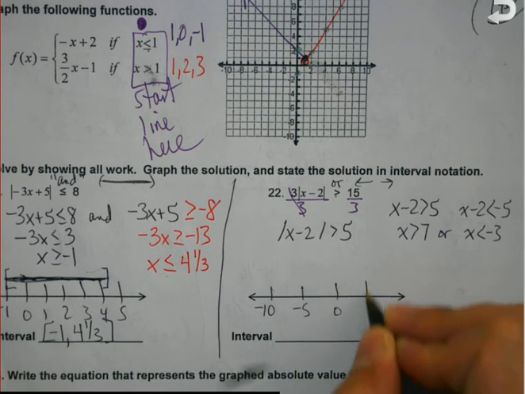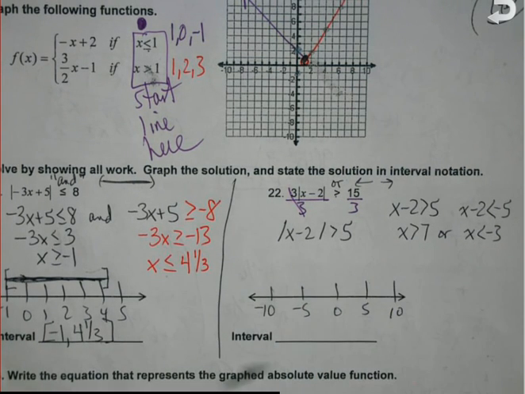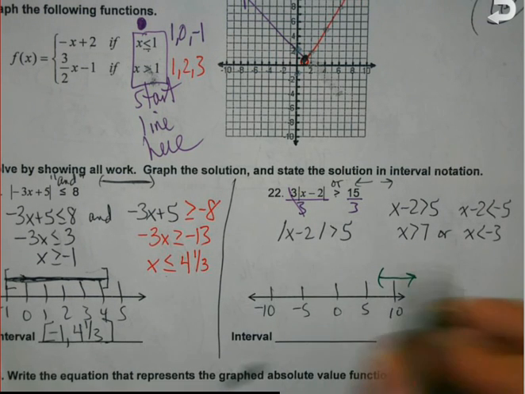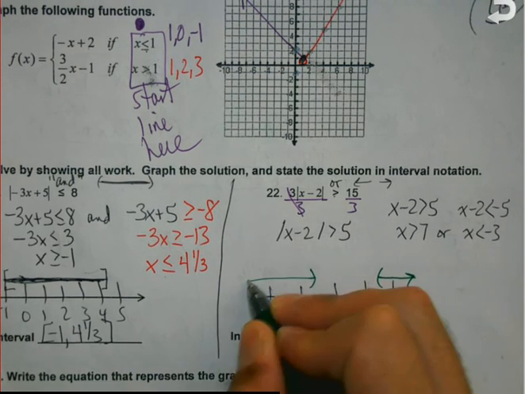Again, you can do your number line how you like. Just make sure you have equal values, you know, that you're counting by equals. I'm counting by fives here. I can't just put one line with -3, one with 7, and call it a day. Greater than 7. Less than -3.